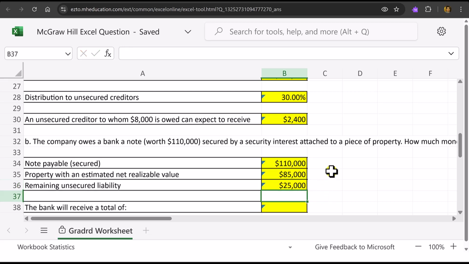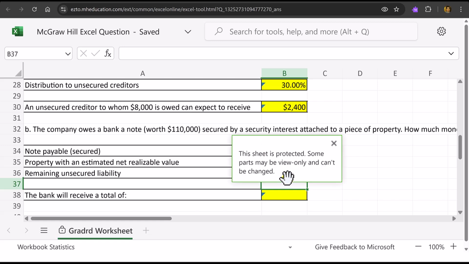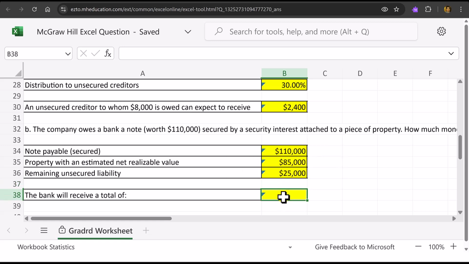25,000 still owing. So the total that the bank is going to receive is this 85 plus a percentage of this 25, 30% of this 25,000. So let's enter that. Enter it in the correct cell. Equal 85 plus, let's see, 25 times 30%.